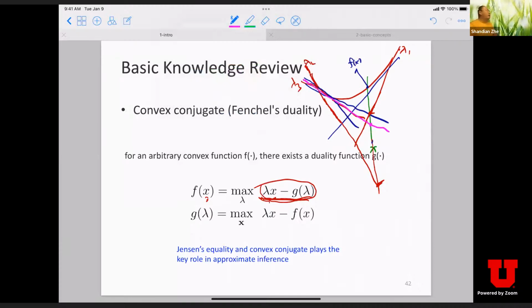So now I want to ask, is it possible for us to find a tangent line which, when evaluated at x, is exactly the same as f of x? Any thought?